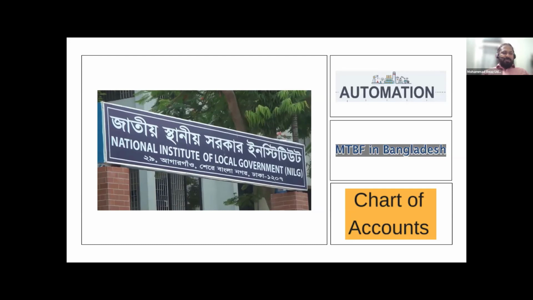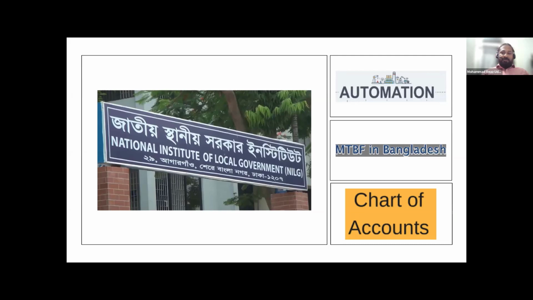On the reforms started in the 1990s, mostly on the central government side, the expectation was that these reforms would roll over to the local government level, including the improved automation system of the country, the IFMIS, which we famously know as iBAS++ in Bangladesh. But again, it's not rolled out to the local government yet.